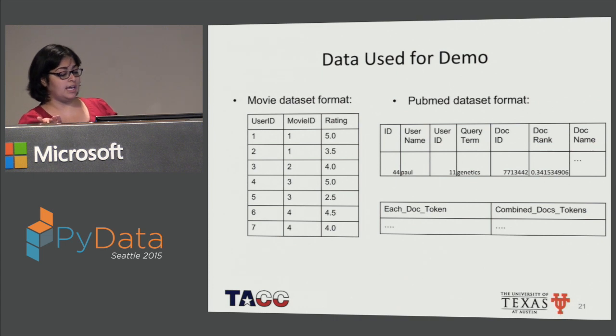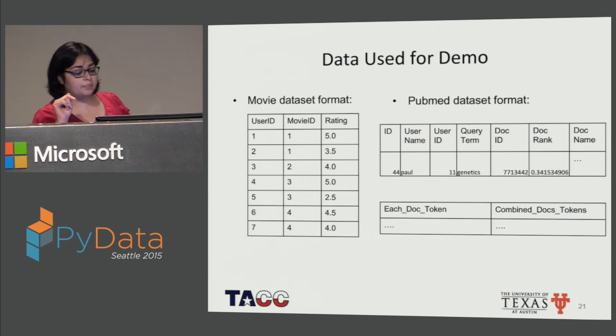You have a username, a unique user ID, the query term which you are searching for, the document ID, and the document rank. This document rank is the TF-IDF score, which is scored by comparing how similar the term is to the content of your document. Then we have the document name, each doc token and combined doc tokens.